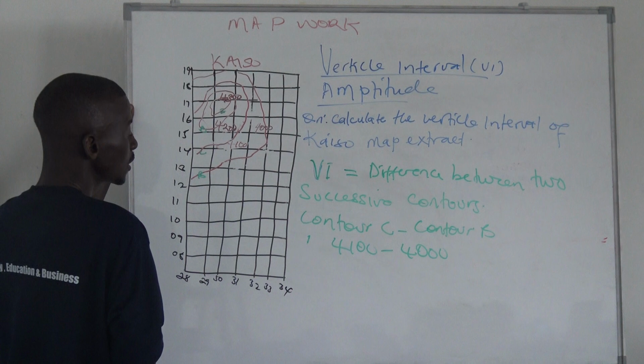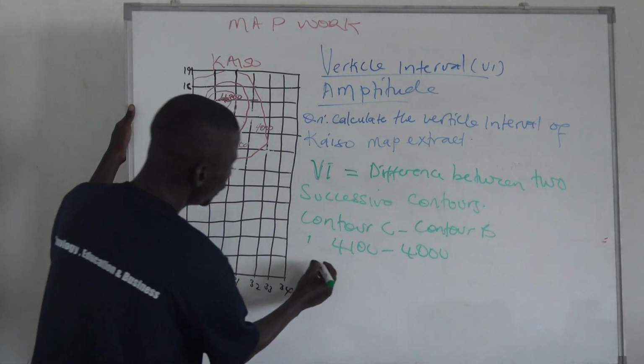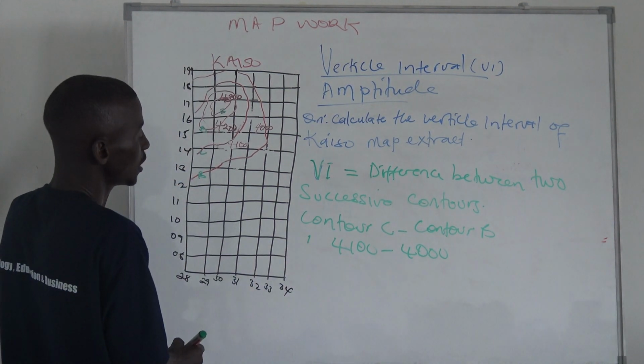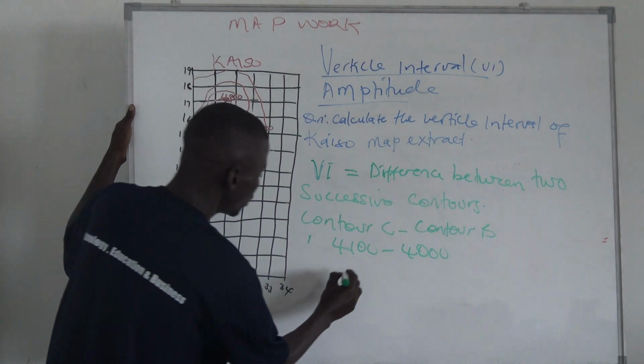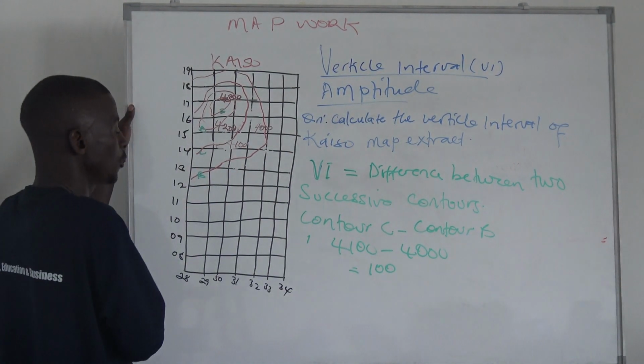So what is their difference? The difference gives us the vertical interval. When you subtract 4,000 from 4,100, you get 100.